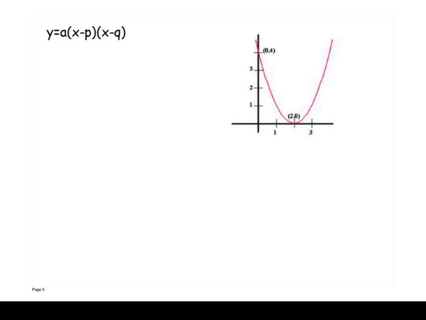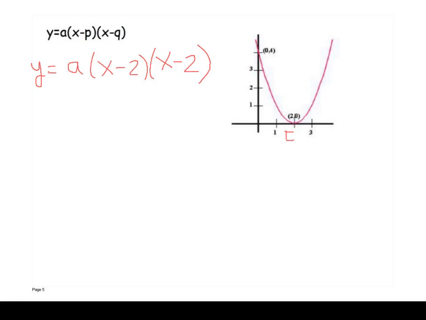So when we do that, we know that our p must equal 2, but by default, so must our q. So when I plug that in, y is equal to a times (x minus p), which is 2, and (x minus q), which is also 2. So we have a double root since they're both located at the same point.